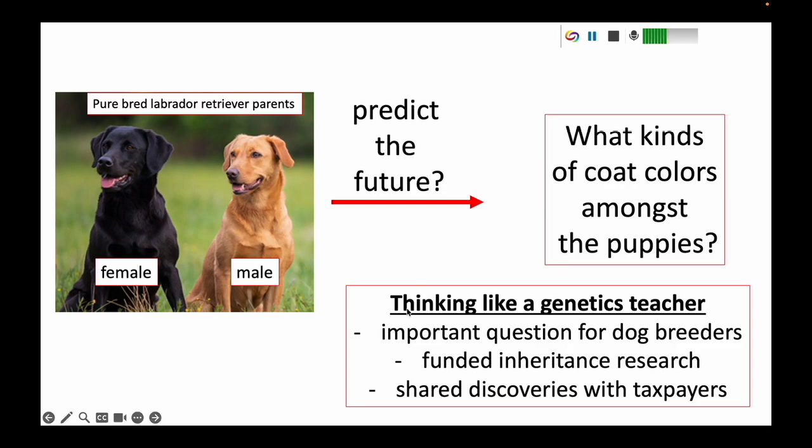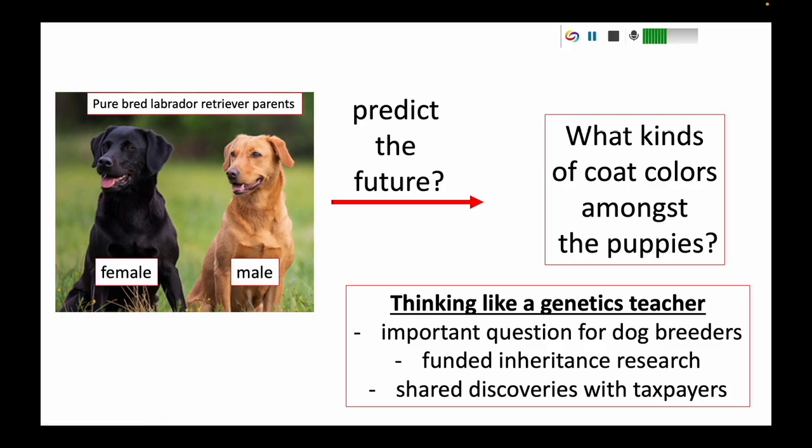I was confident because coat color inheritance was a very important question that dog breeders had. They were funded to do research, so professional geneticists were working with the breeders, and then they would share their discoveries because often they were funded by taxpayer dollars.